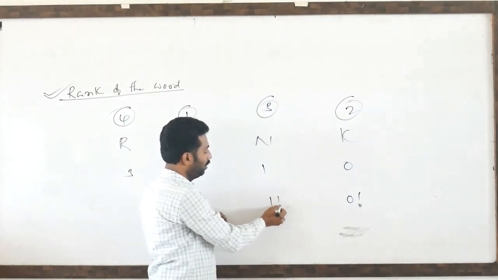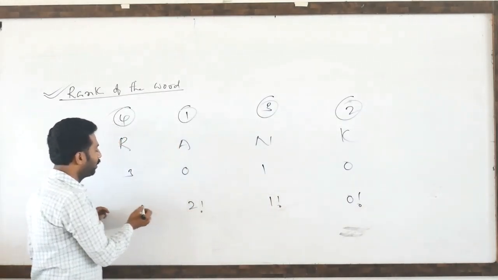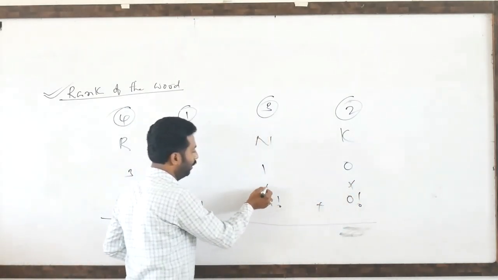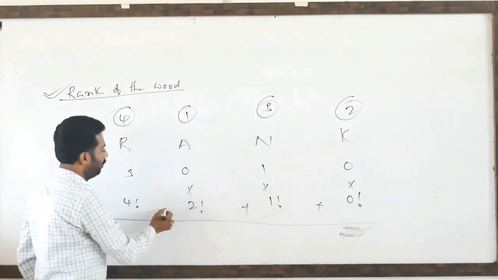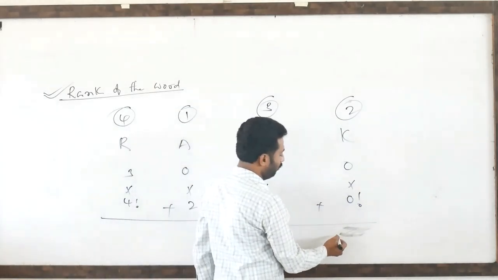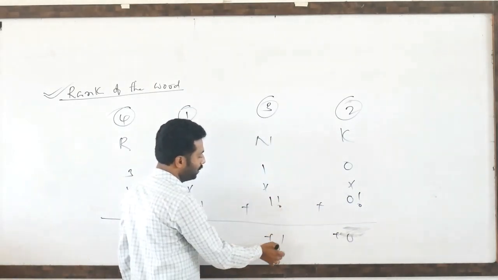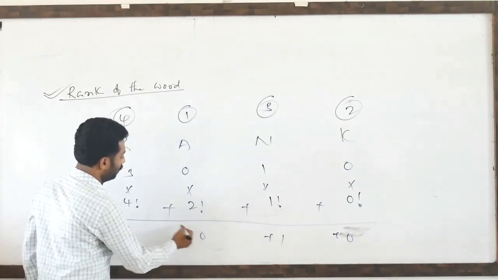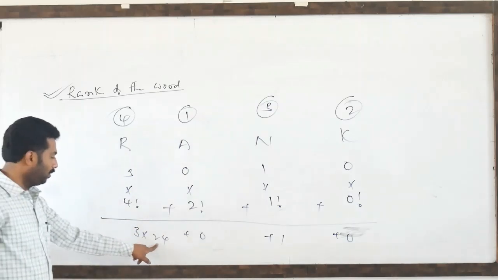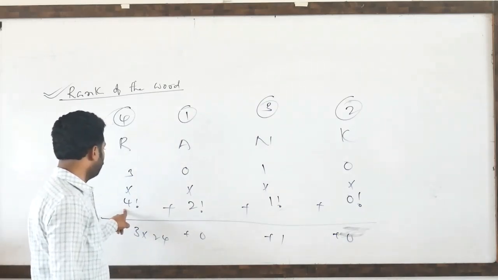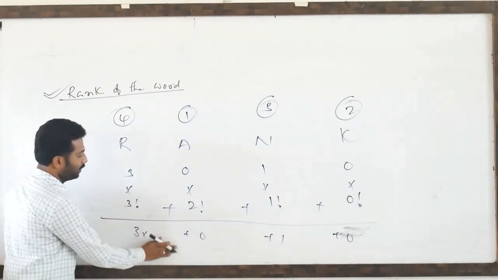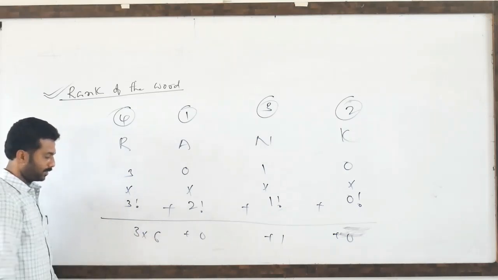0 factorial, 1 factorial, 2 factorial, 3 factorial. Then multiplying, adding, multiplying, adding, multiplying, adding. So 0 factorial means this is 0, this is 1, this is 0, this is 3 into 3 factorial, sorry, nothing but 6.